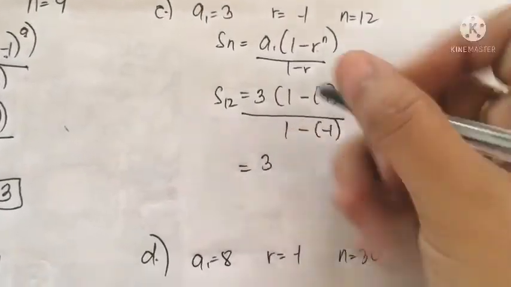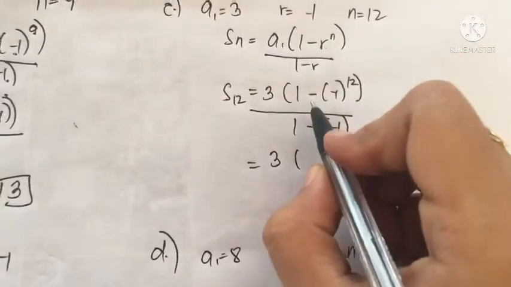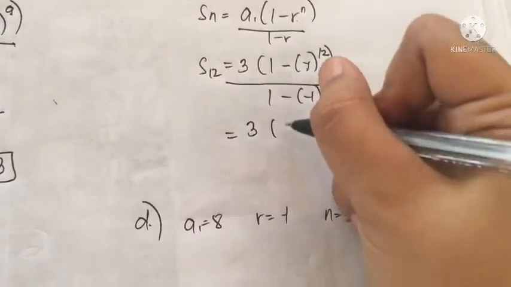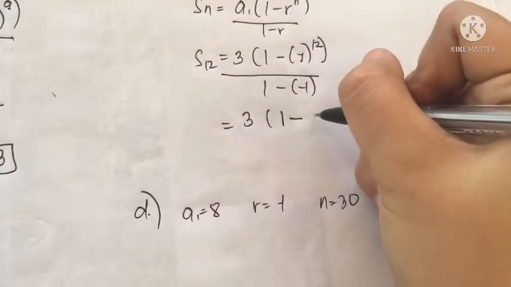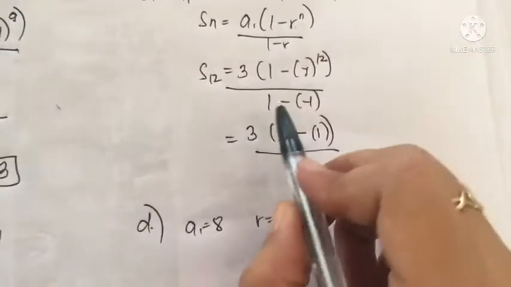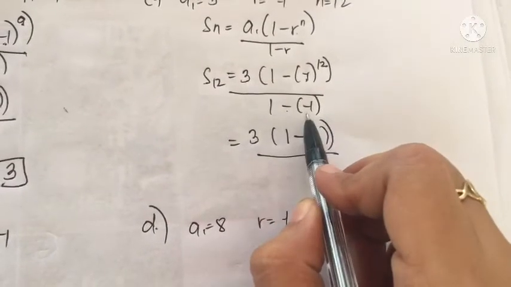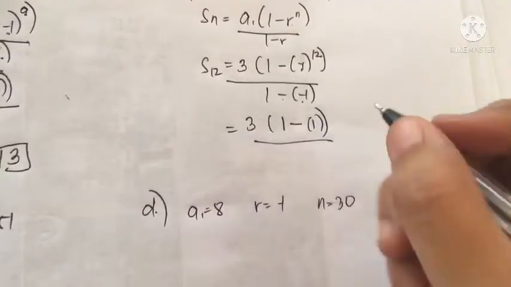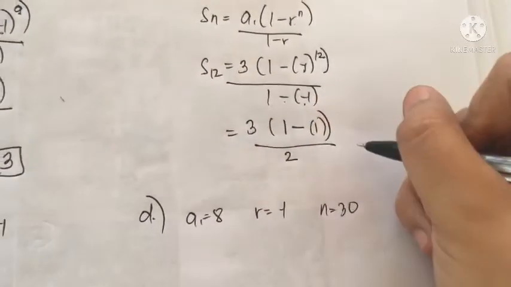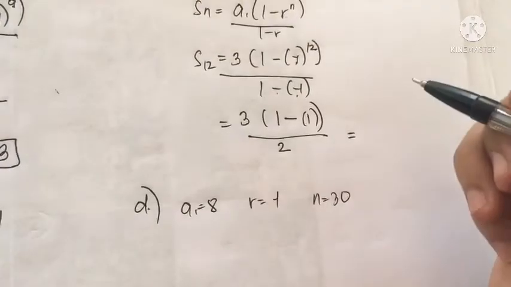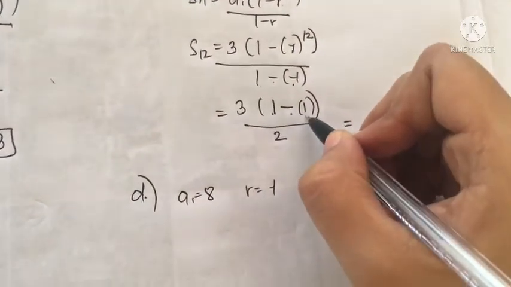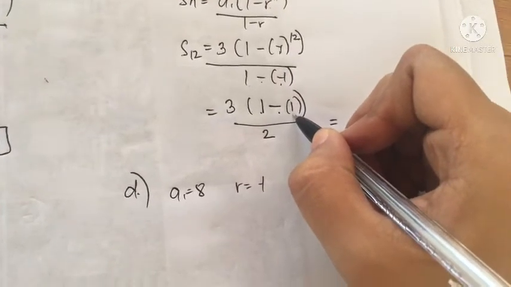So, magiging 3. Ito naman. So, negative 1 raised to 12. So, ito magiging positive na siya. 1 is equal to positive 1 na siya. Okay? Over 1 minus negative 1 natin, ang sagot natin is 2. Equal. So, 1 minus 1, ang sagot natin is 0.